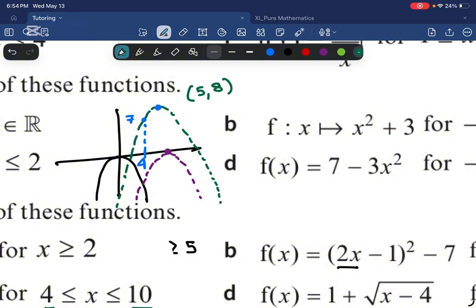Is it? 8 minus 25. −17. All right, −17. So your output values are going to be within this blue line range. So the maximum value in this range is less than or equal to positive 8, and it's bigger than or equal to −17. So that is your solution for C.